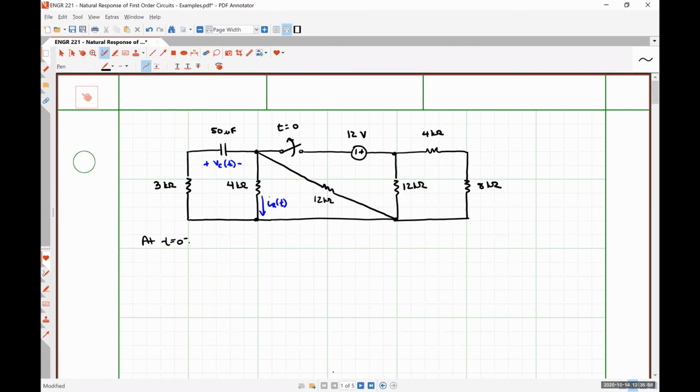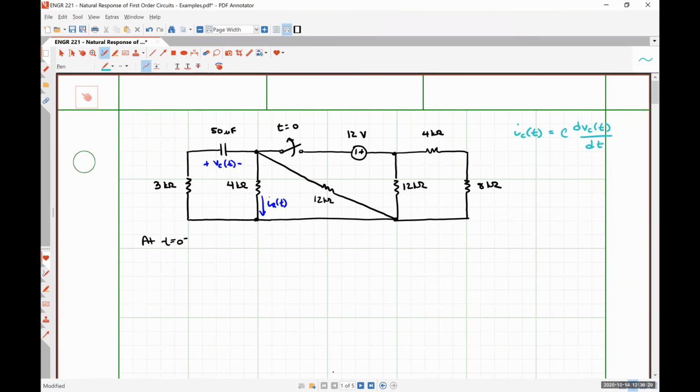You might be getting ahead of where we're going, but as a quick aside, the current flowing through a capacitor is given by the capacitance value itself multiplied by the change in voltage.